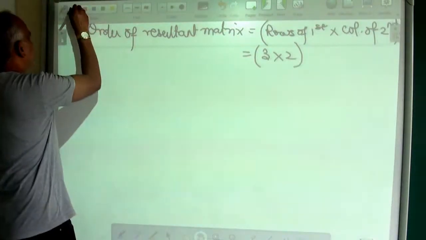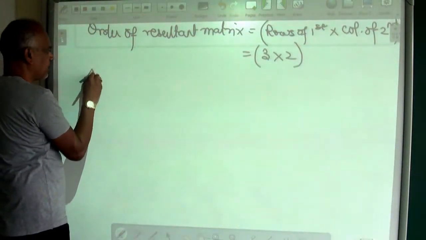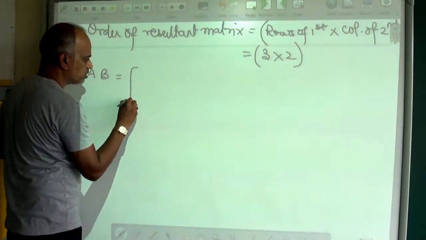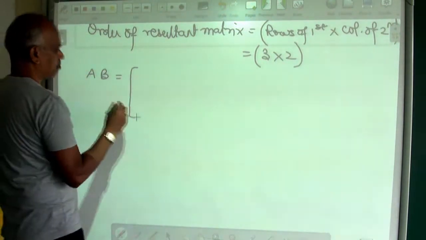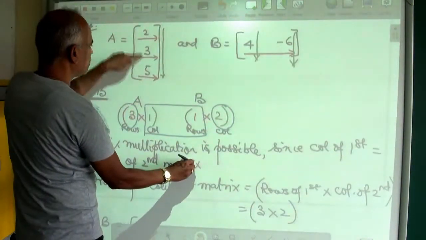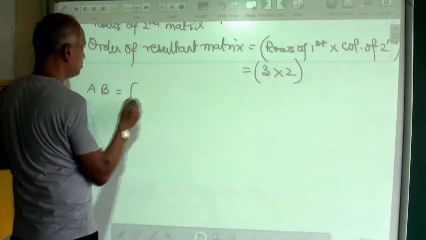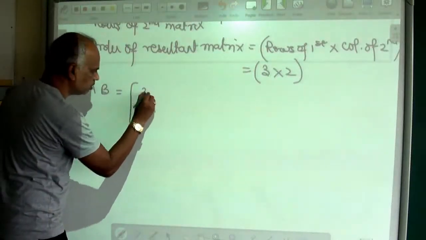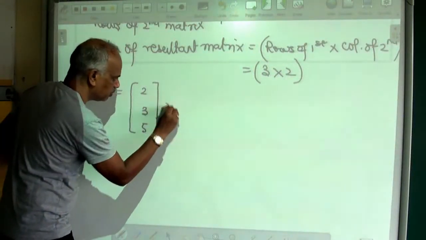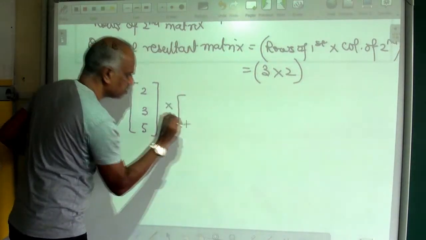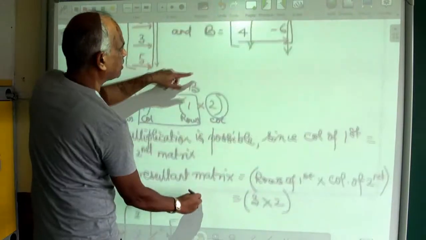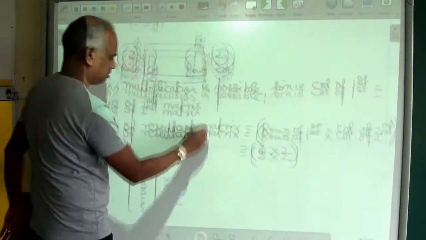Say we are going to multiply A with B, which means matrix A comes first. Matrix A is 2, 3, 5, into matrix B. Matrix B will be 4 and minus 6.